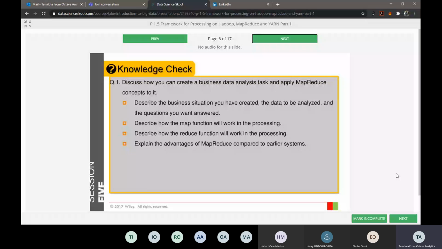But in some earlier systems, you would need to wrangle that data into a certain format before you could pass it in. MapReduce can take care of the wrangling, cleaning, and everything. Just give it to it as it is. So those are the advantages of using MapReduce over earlier systems.